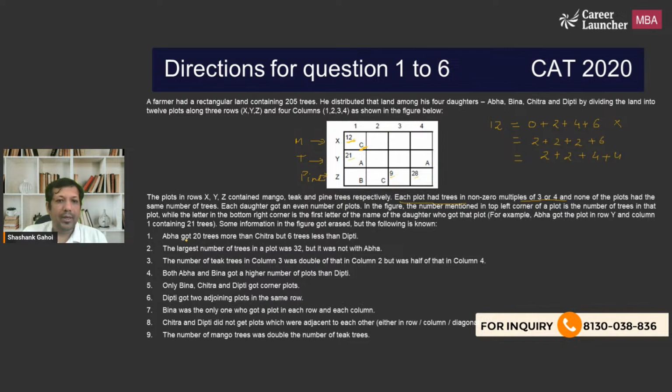Now let's see. Abha got 20 trees more than Chitra, but 6 less than Deepti. So Abha got, I'm talking about trees, 20 more trees than Chitra, so C plus 20, and 6 less than Deepti, so D minus 6. This is what the first statement is talking about.